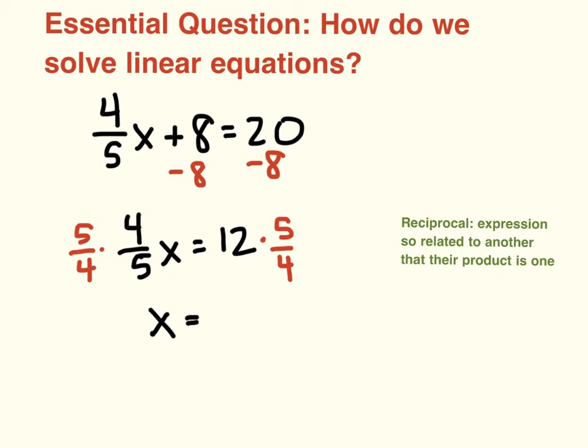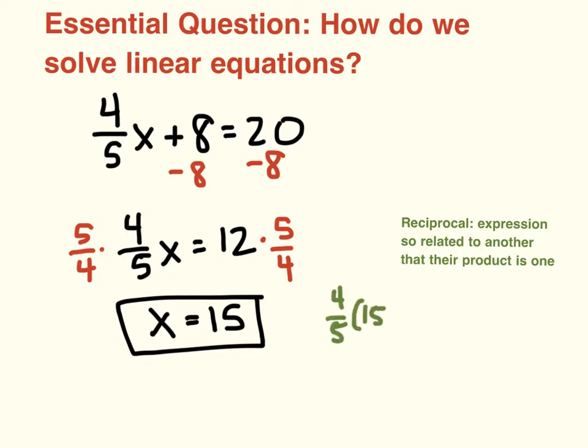Now x equals, we can just do 12 times 5 is 60, divided by 4 is 15. If we want to check our work, we just plug it right back into the original. 4/5 times 15 plus 8 equals 20. 4 times 15 is 60, divided by 5 is 12, and 12 plus 8 equals 20.